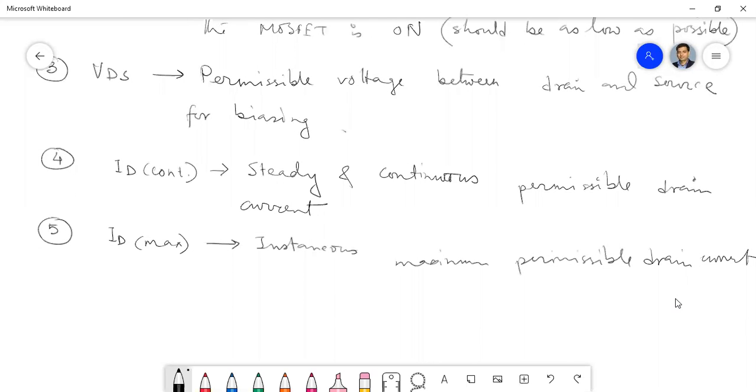Okay, now which value can we expect to be more, ID max or ID continuous? So the instantaneous value is everywhere more than the steady state value.